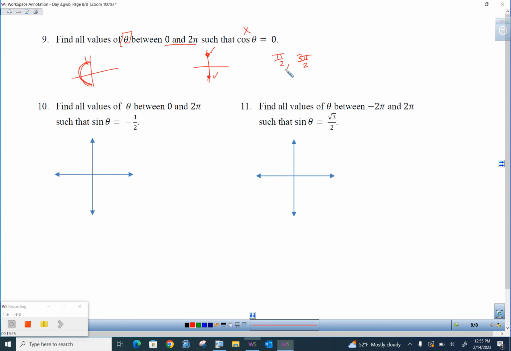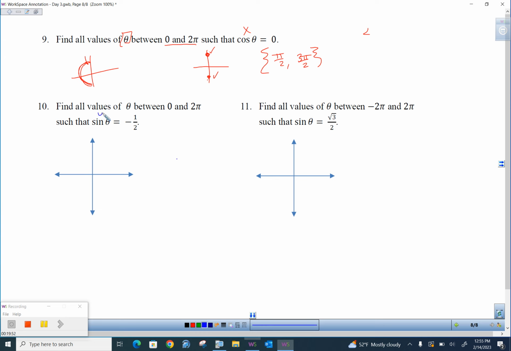So it's not from pi over 2 to 3 pi over 2. It's just those 2 numbers. So we're using set notation. The same thing is going to apply for 10 and 11. We'll have specific angles that work, not an infinite amount of answers that work because of the equal sign rather than the less than or greater than that we saw last time. So the process stays the same as this one though.